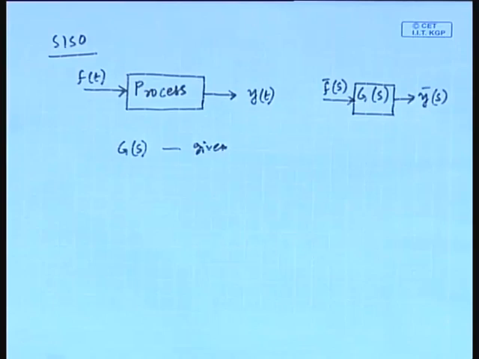Now, what we can do? We can give a change in input variable. Ultimately, to observe the process dynamics, we use the transfer function. Fine. By the use of transfer function, we know the transient behavior or dynamic behavior of a process.